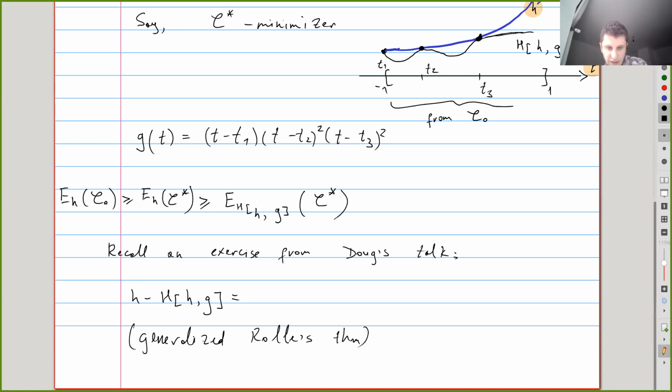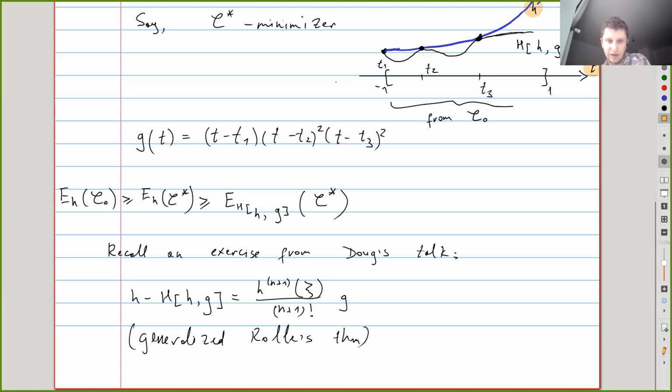So let's see, G is, let's say, of degree n, right? So you have n conditions. Then this is a derivative of order n plus 1 of this h at some intermediate point, and this is n plus 1 factorial times g, right?